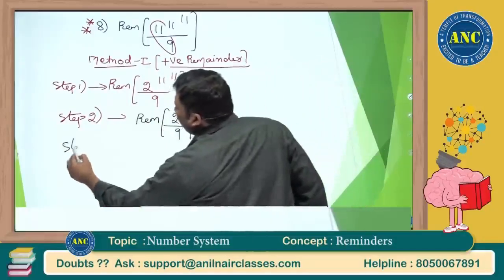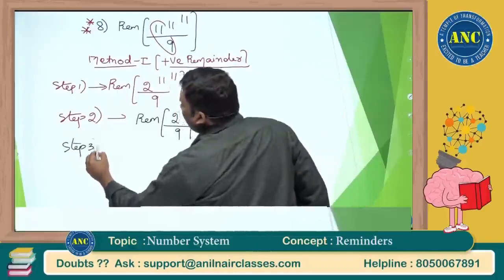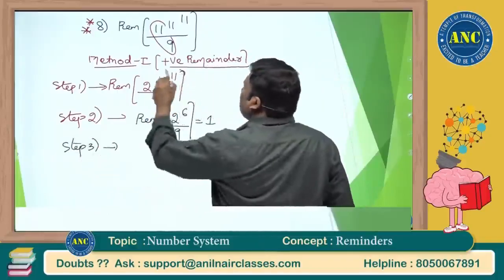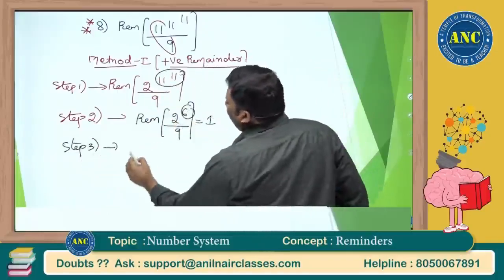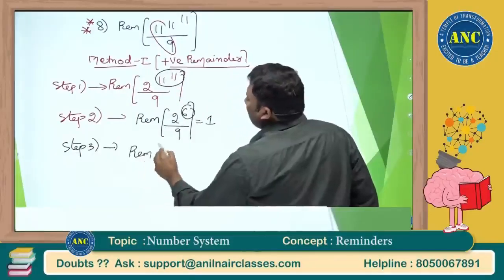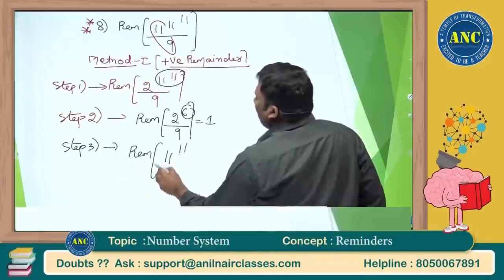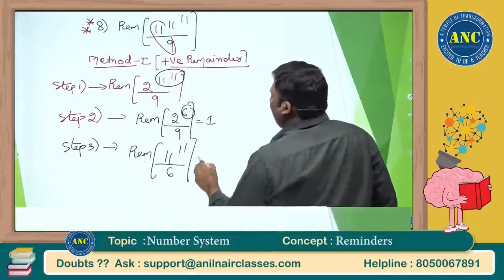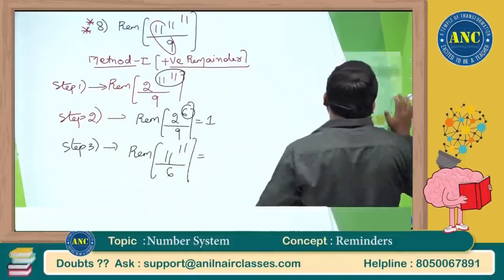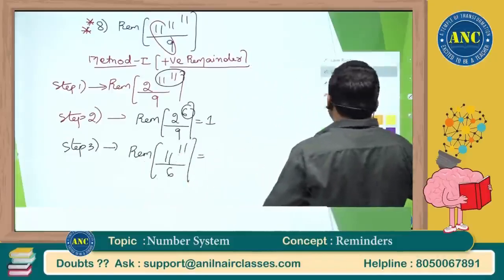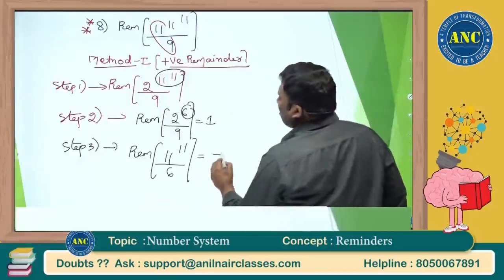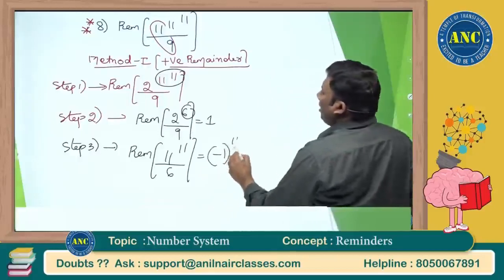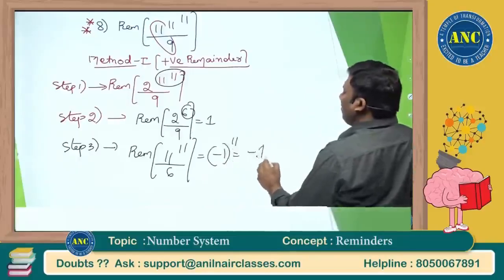Step number 3. Divide this power by this power. If I divide it, these are nothing but 11 power 11 divided by 6. 6 twos are 12, minus 1. Minus 1 power odd number is nothing but minus 1.